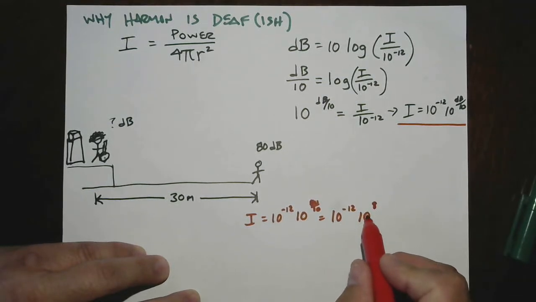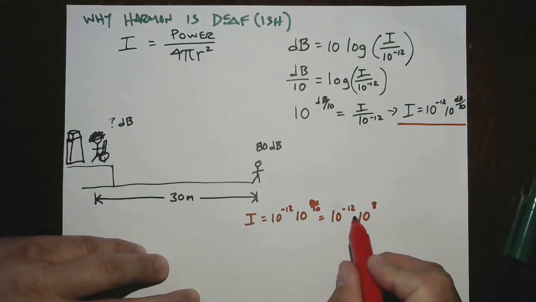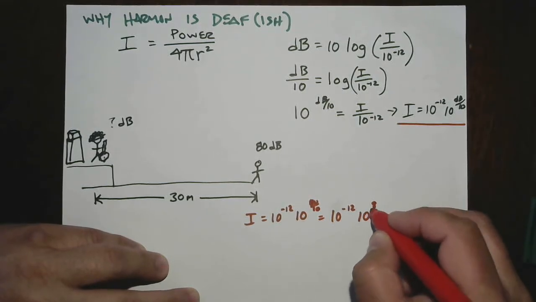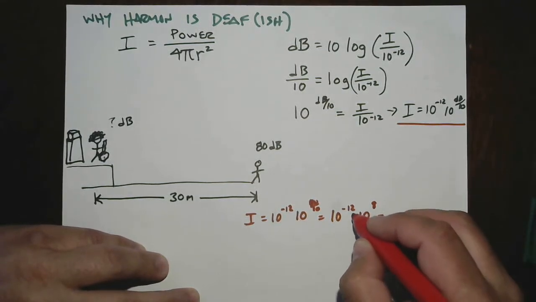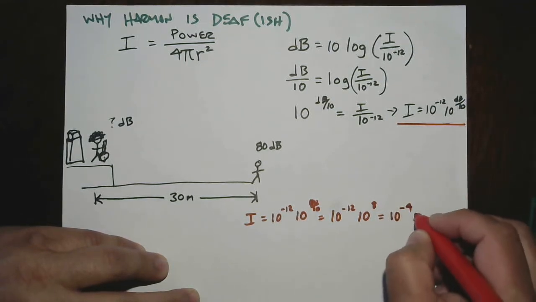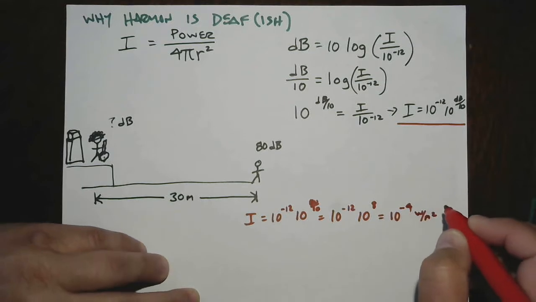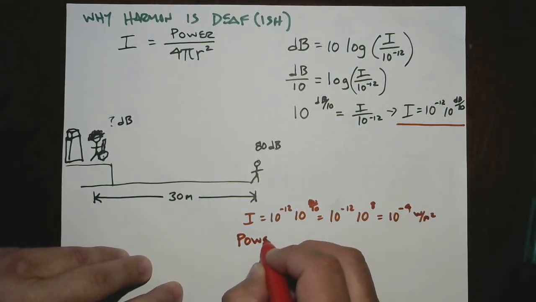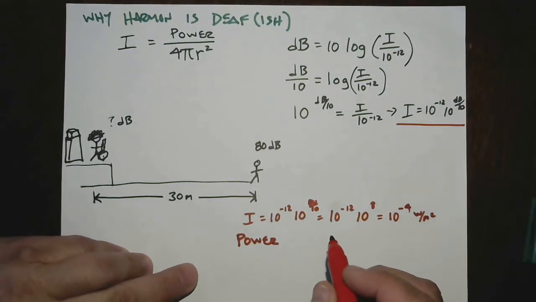Now, if you know anything about exponents, when you multiply the same base, you simply combine the exponents arithmetically. So we're adding the exponents minus 12 and 8, and we get 10 to the minus 4. That's how many watts per meter squared. Now, from this, we can figure out what the power is at the location of the audience member.